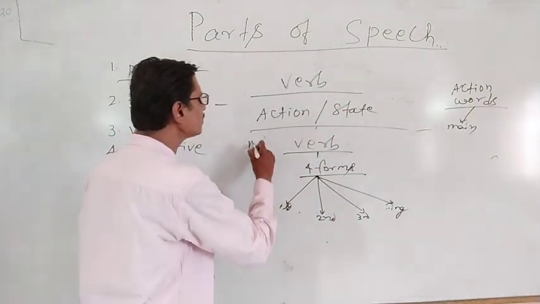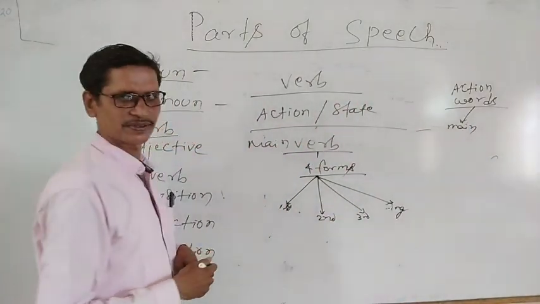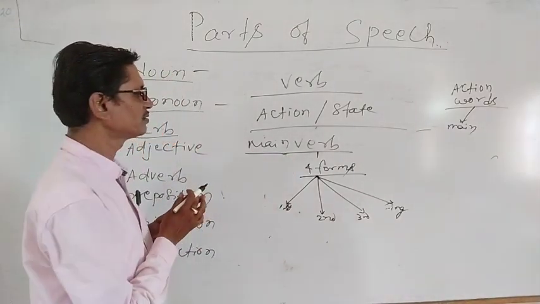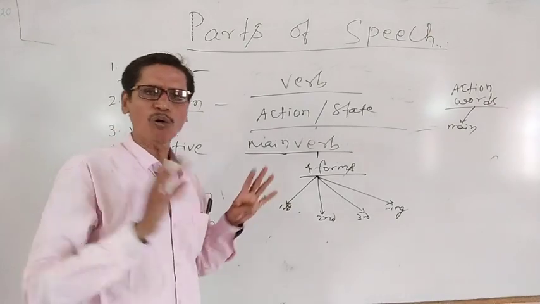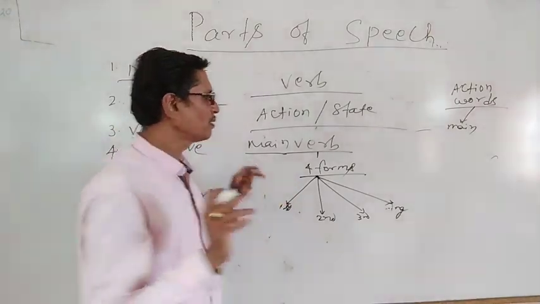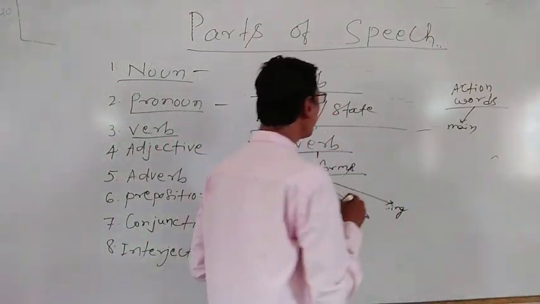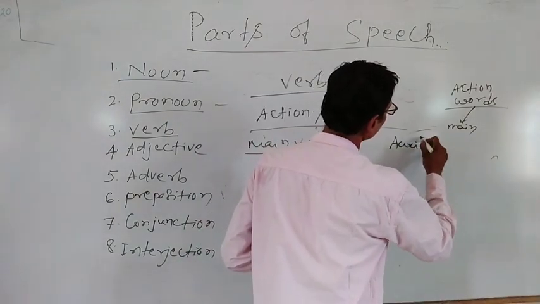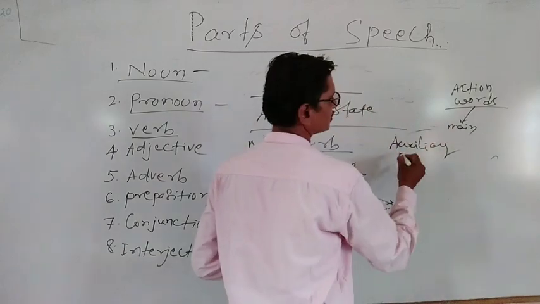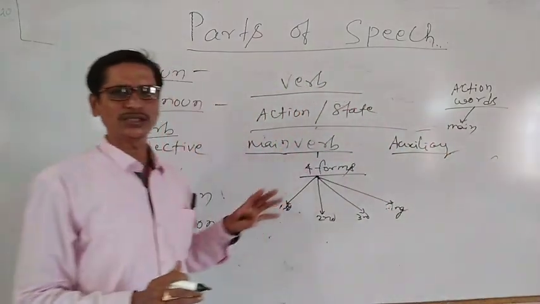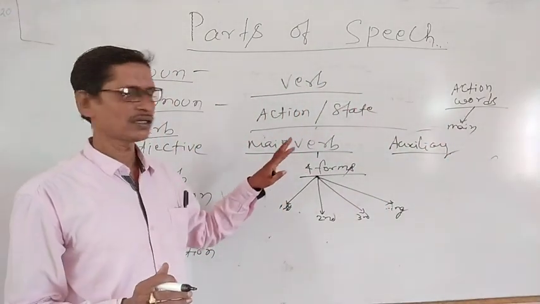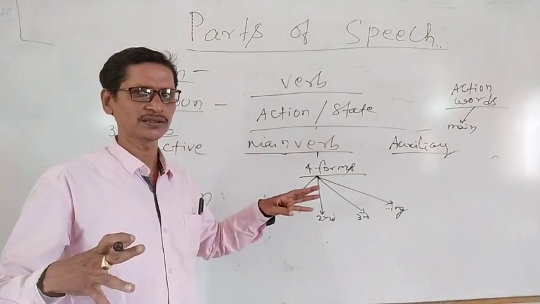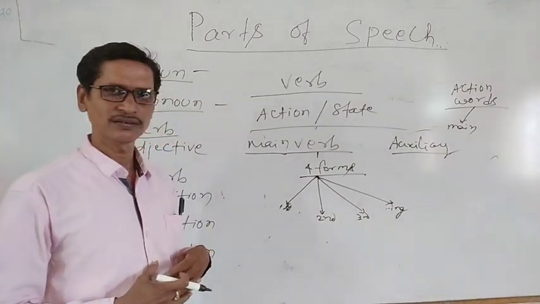Now we are talking about main verbs. Generally, main verbs have four forms, but when we talk about the auxiliaries, some of the auxiliaries talk about state and help other verbs to change their forms.